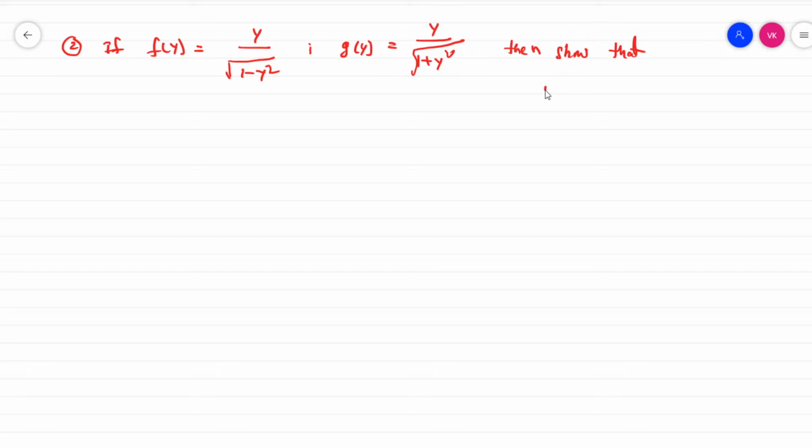The second question is, if f of y is equal to y by square root of 1 minus y square, and g function is defined as g of y is equal to y by 1 plus square root of 1 plus y square, then you have to show that f circle g of y is equal to y.